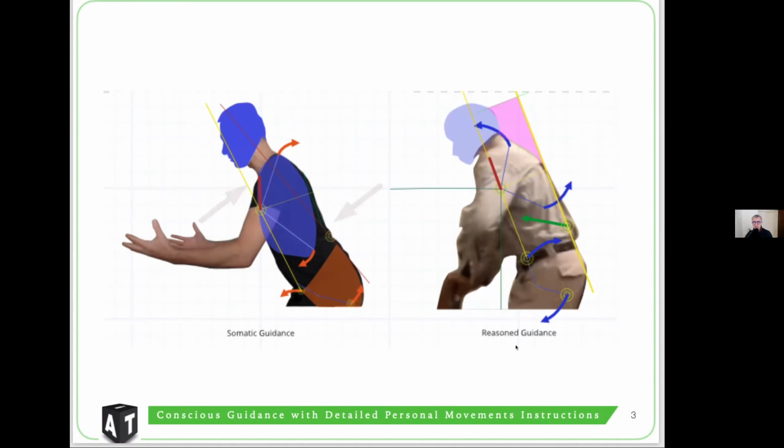In reason guidance, it's completely different. The person is absolutely conscious of the consequences of actions. And if these consequences are not anticipated, well, if there is no conscious guidance, it's impossible to get the opposition between the back and the upper torso.